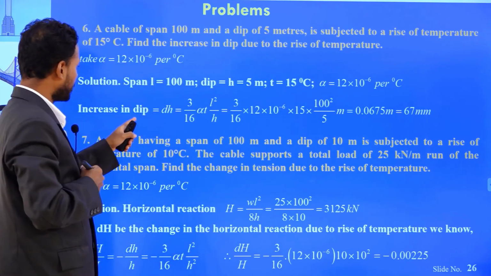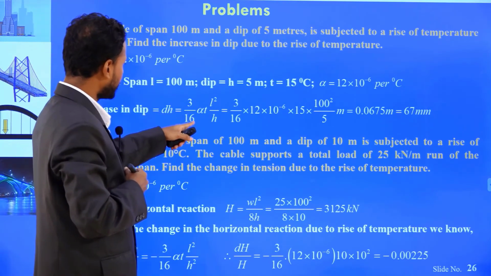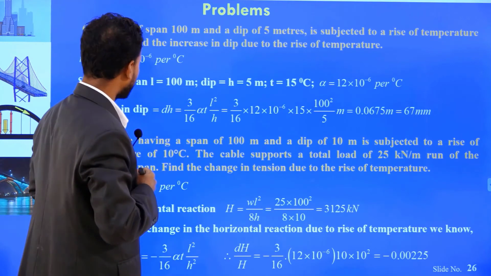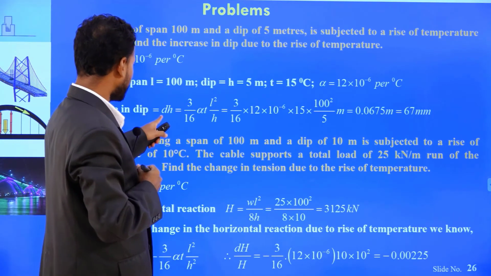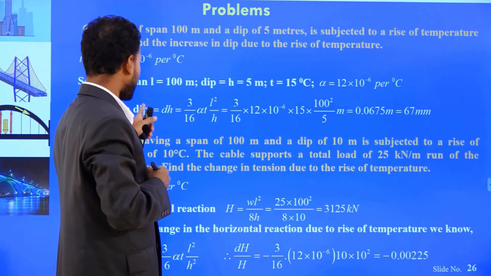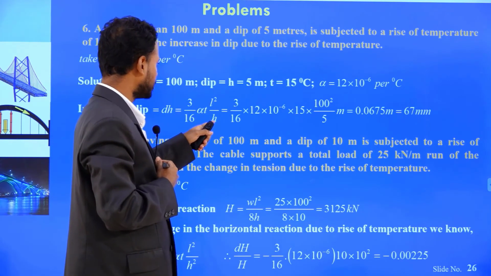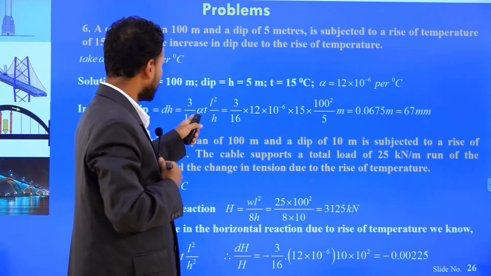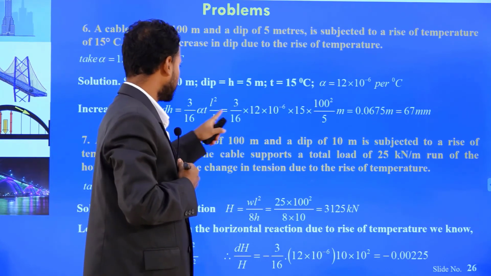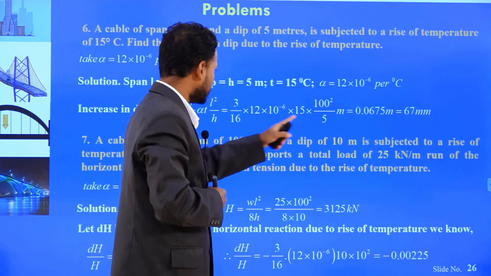So increase in dip, that means DH equals 3 by 16 alpha T L square by H, right? We have determined that DH, increase in dip of the cable due to the temperature, is 3 by 16 alpha T L square by H. So put all those values. Alpha is 12 10 to the power minus 6, T is 15, L is 100 and H is 5.